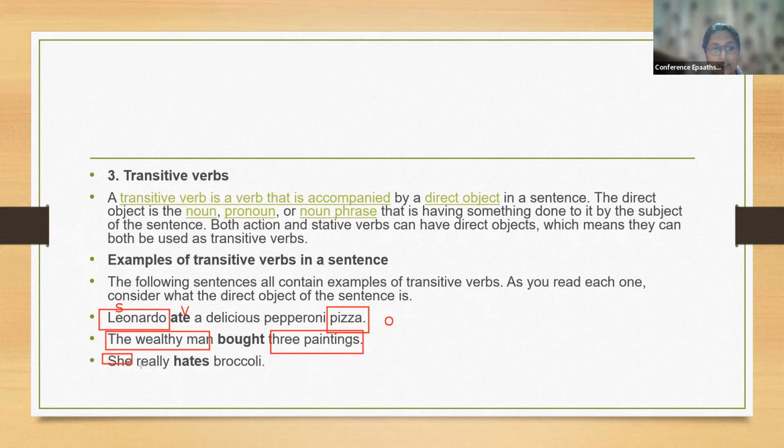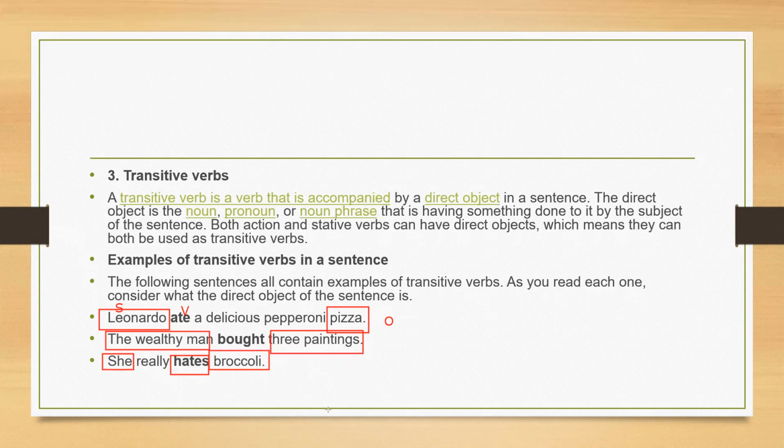Now, she really hates broccoli. She is the subject, hates is the verb, and what is the object here? Broccoli. So this one is a transitive verb. In these 3 sentences we can see every verb has one object.